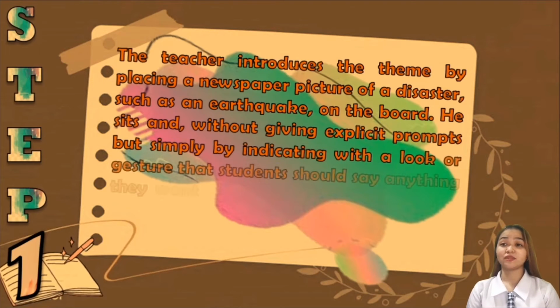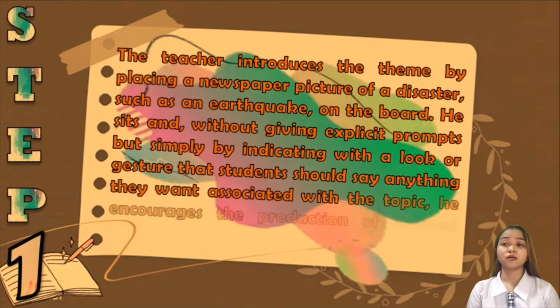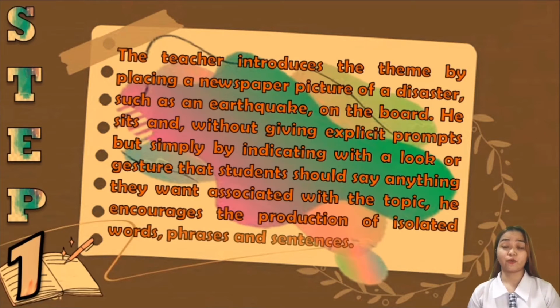He sits and, without even explicit prompts such as "what happens in an earthquake?" or "have you ever been in an earthquake?", but simply by indicating with a look or gesture that students should say anything they want associated with the topic, he encourages the production of isolated words, phrases, and sentences. In this stage, it allows the learners to give their ideas and insights about the featured photo. These are left uncorrected, and the focus of this stage is simply on brainstorming ideas.